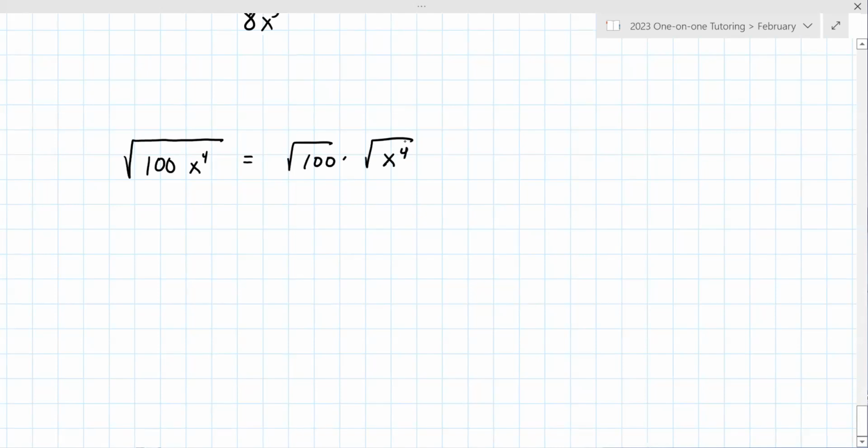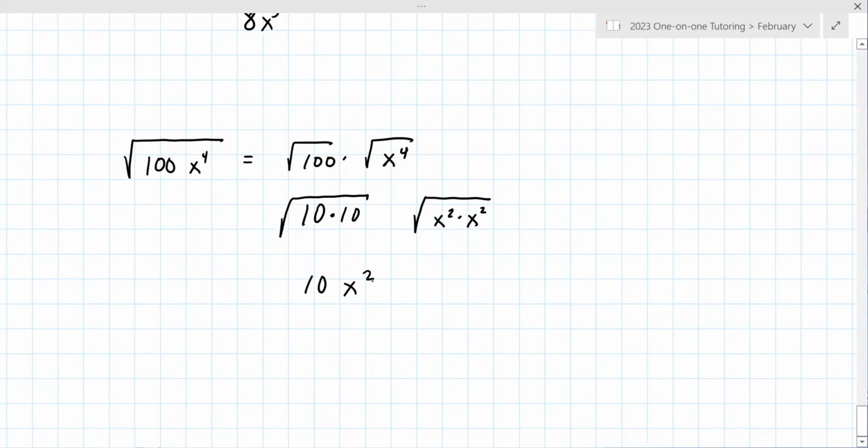What is the square root of 100? 10. Now again, it's really because it's the square root of 10 times 10 that gets you to 10. The square root of x to the 4th is really the square root of x squared times x squared. What would that reduce to? Just x squared.